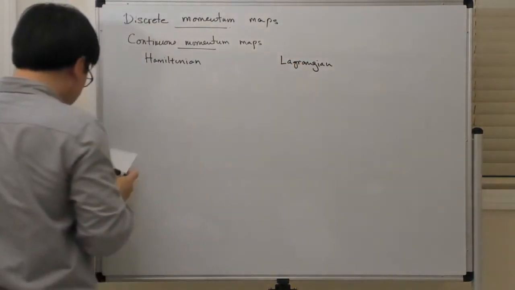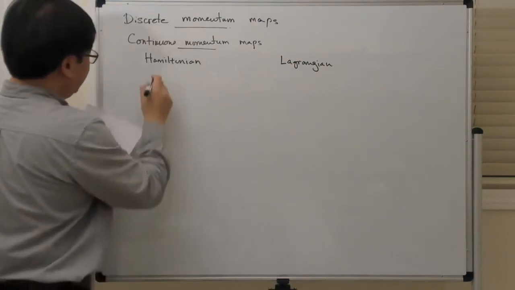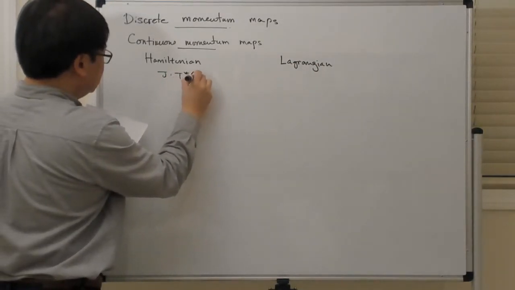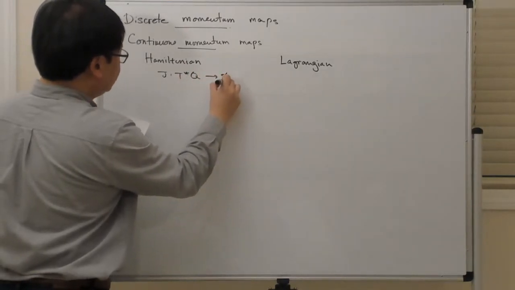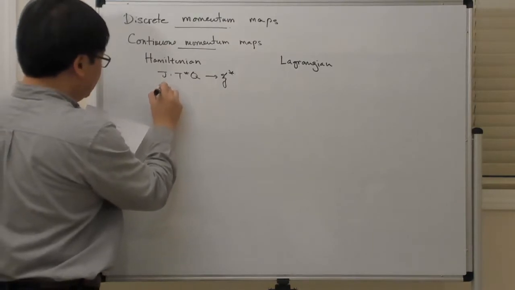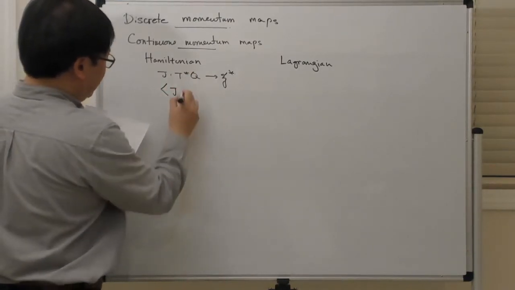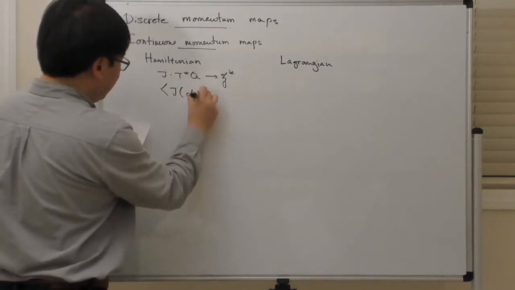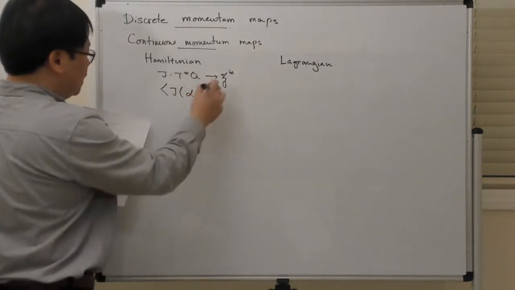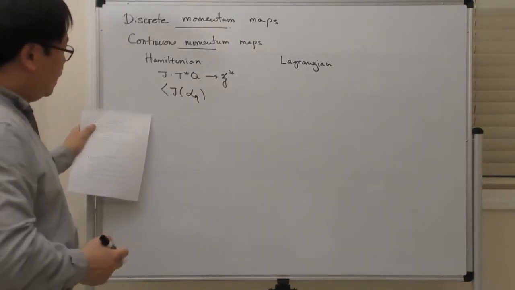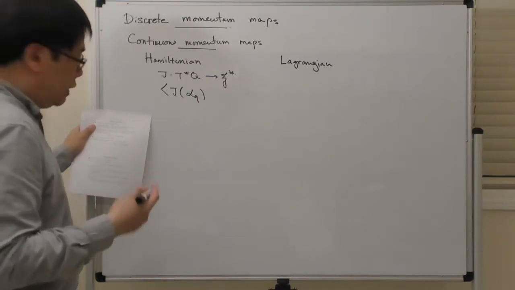On the Hamiltonian side, you have a map J from the cotangent bundle to the dual of the Lie algebra. It depends on an element of the cotangent bundle, which I denote by alpha q, and gives you something in the dual Lie algebra, which is to say that it acts on a Lie algebra element in a linear fashion.